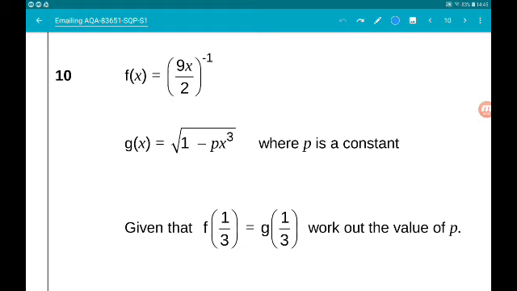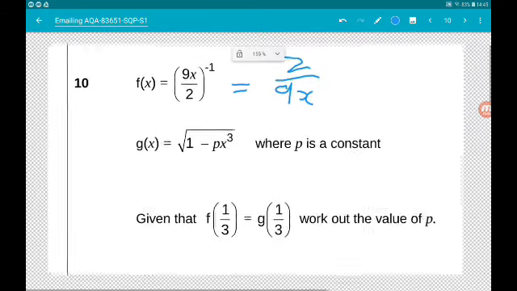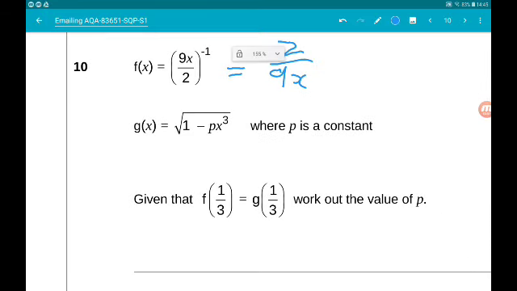Okay, so first up, f of x is (9x over 2) to the power of minus 1. That power of minus 1 flips the fraction. So f of x is 2 over 9x.